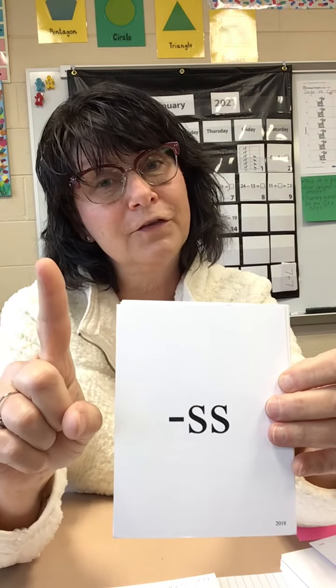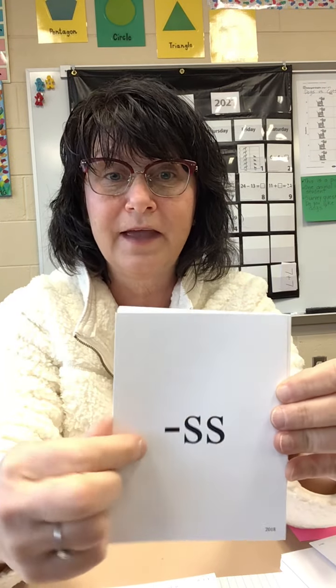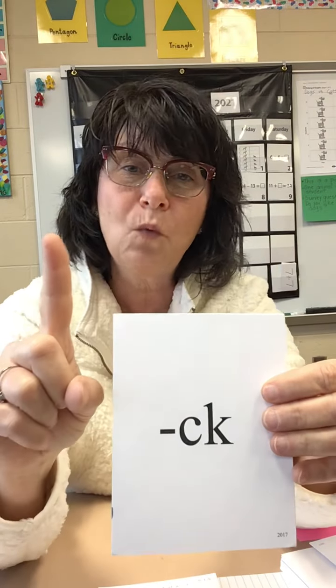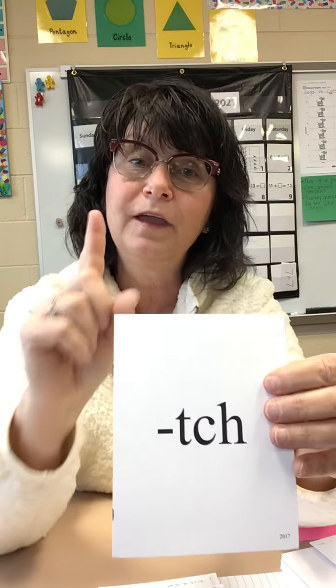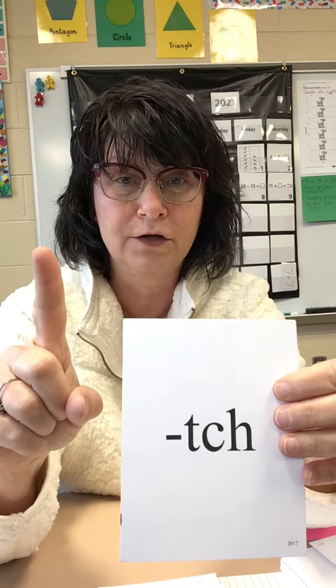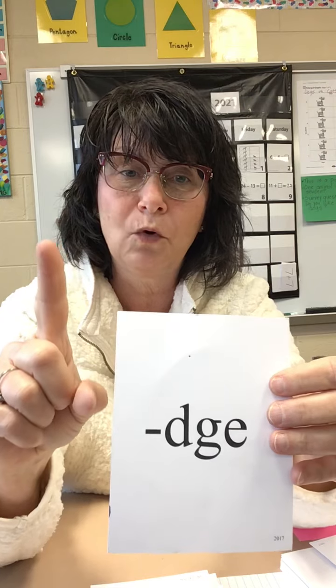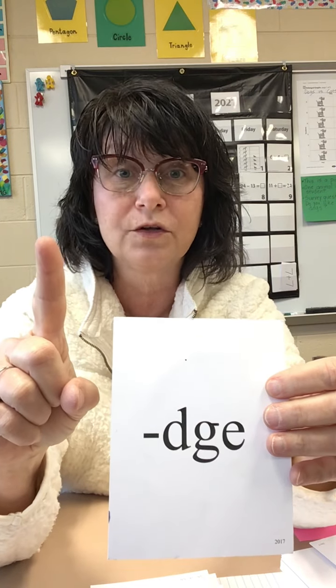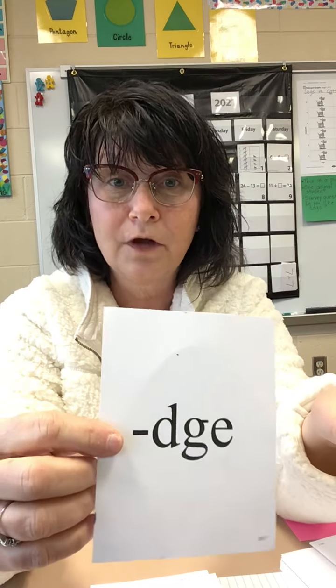S is spelled SS. K is spelled CK. Ch is spelled TCH. And j is spelled DGE. Because, of course, no English word ends in J.